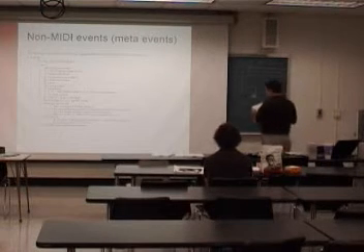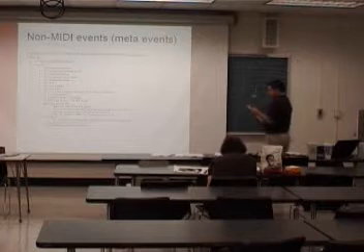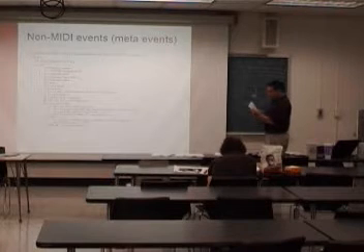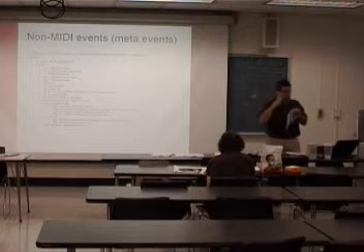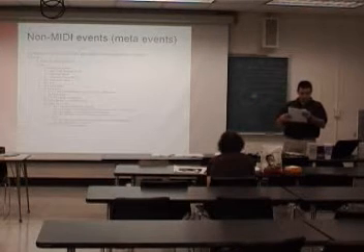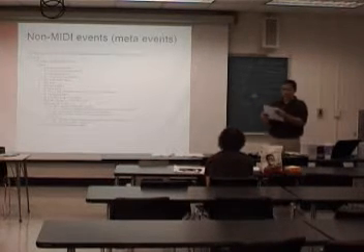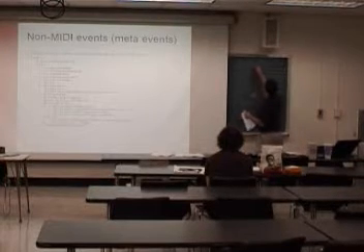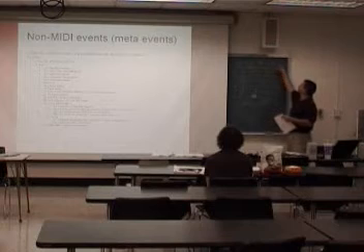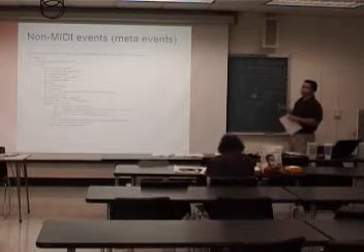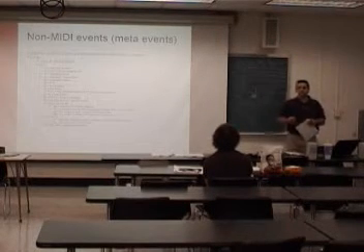So what's the next thing we get? 81, okay, and then 83. No, 83C is actually a note. So this is the delta time. Yeah, so you're right. This is 80 means note off, 3C with velocity 40. Right?